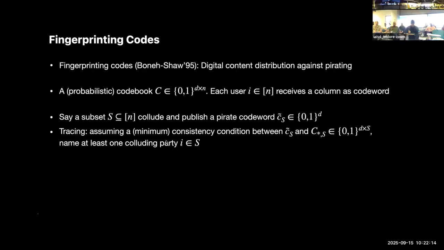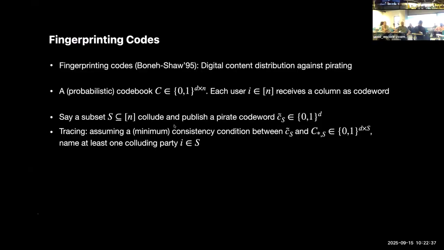It is clear. So I'm still not clear on what property this published C sub S is supposed to have. Presumably supposed to fool somebody? Okay, cool. For now, let's think of the property of C sub S. By the minimum consistency condition, I just mean, think about a row.